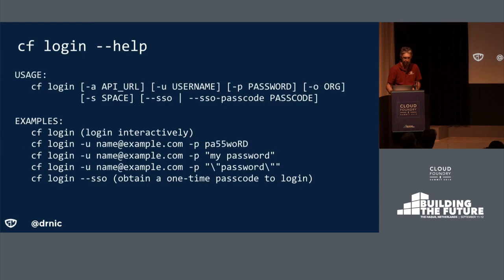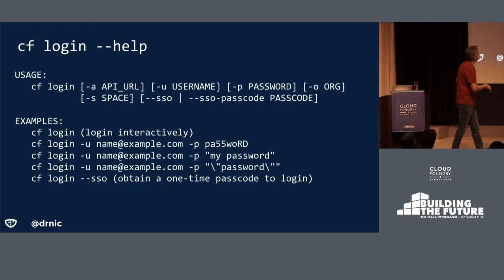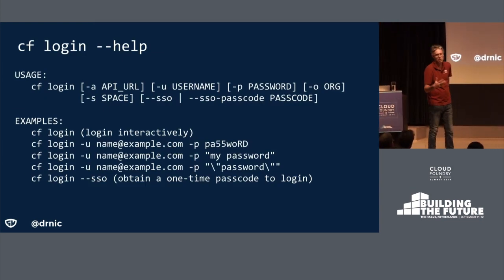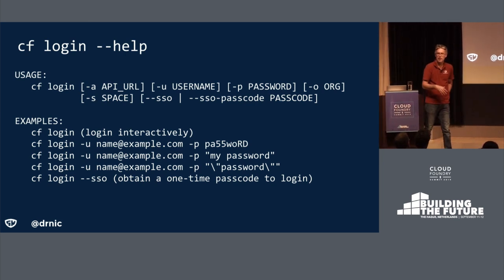So, back to login. I mentioned login because there are a few different ways to log in, and I do want to highlight the one that I use because I'm the speaker. And we're not really running an opinion poll here. So there are different ways. I've just copied the output from cf help, but there are a bunch of flags.